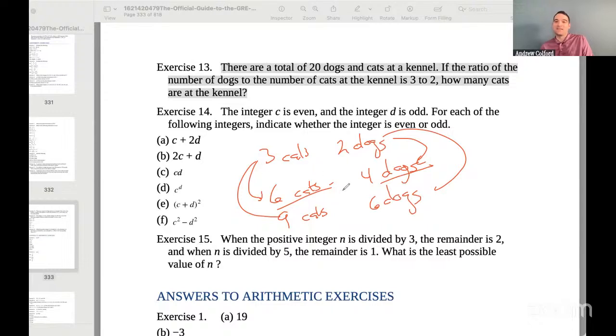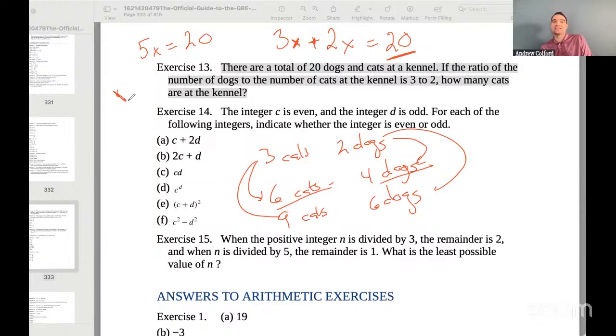So one thing that we could say is that 3 times some number, plus 2 times the same number, is going to be equal to 20, because the total number of animals is 20. So 3x plus 2x is 5x equals 20, right?